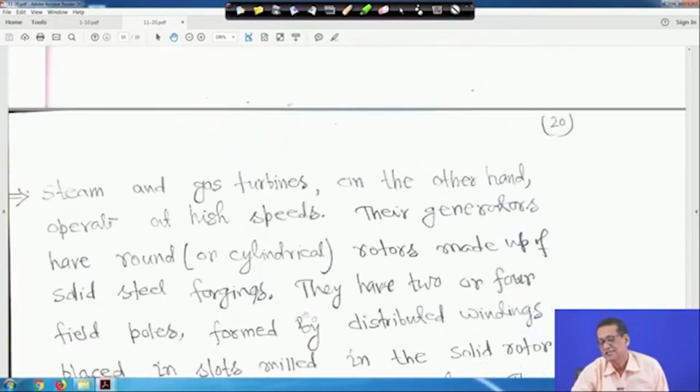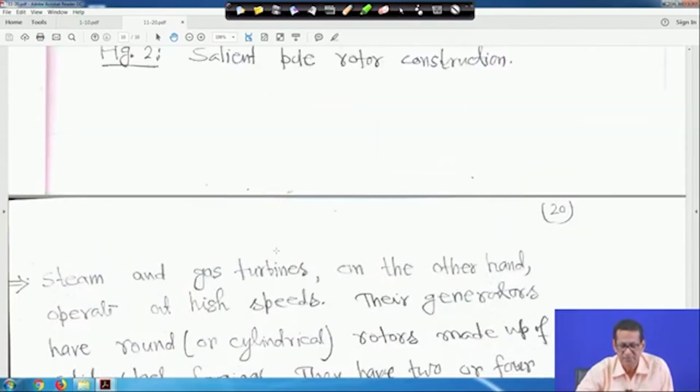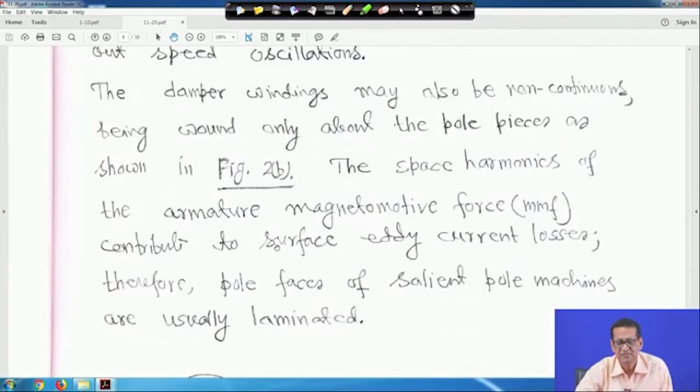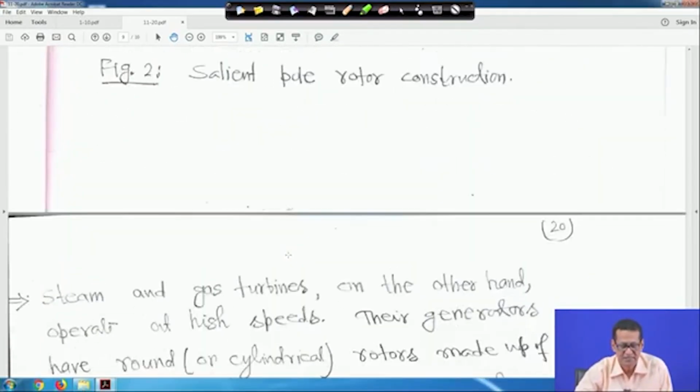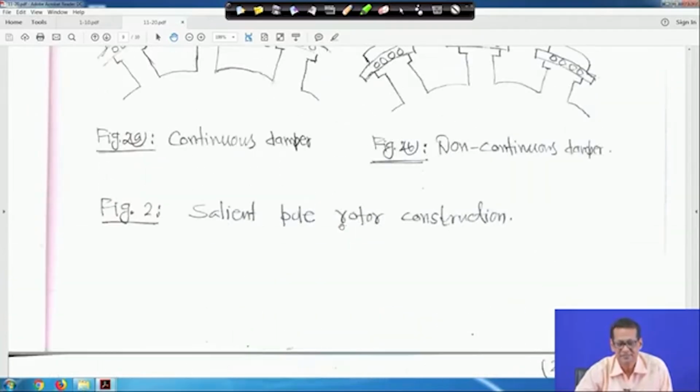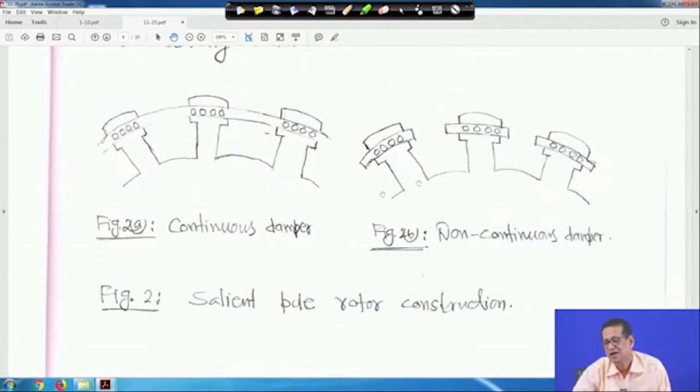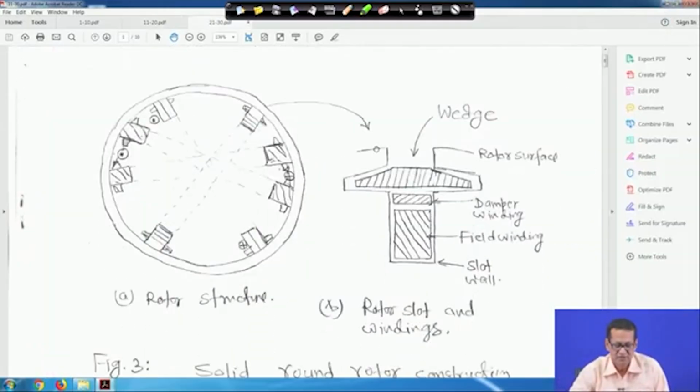So, salient pole machines are generally used for hydro generators, whereas the cylindrical type of rotor is basically for thermal power plants, or steam turbines or gas turbines, but gas turbines have a different operating principle than steam turbines, and salient pole is basically used for hydro turbines, right. So now the rotor structures are given.